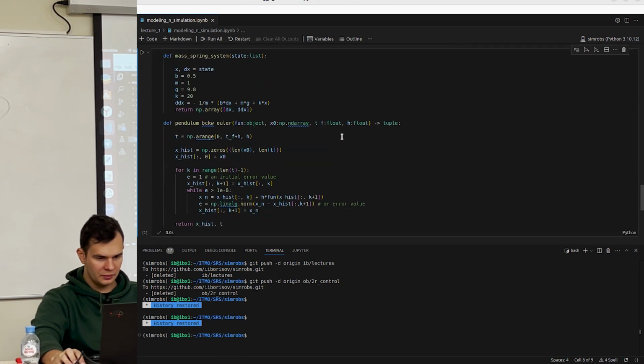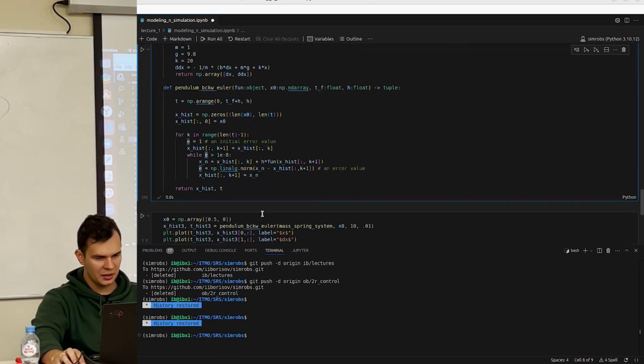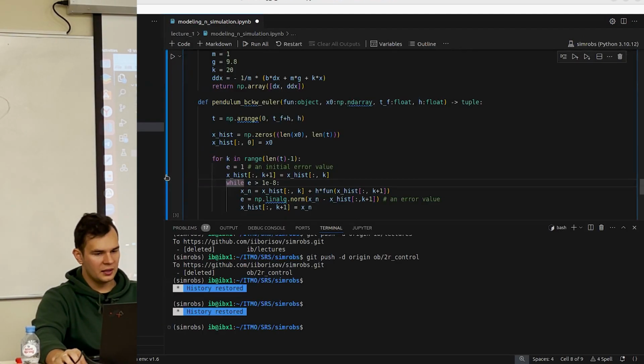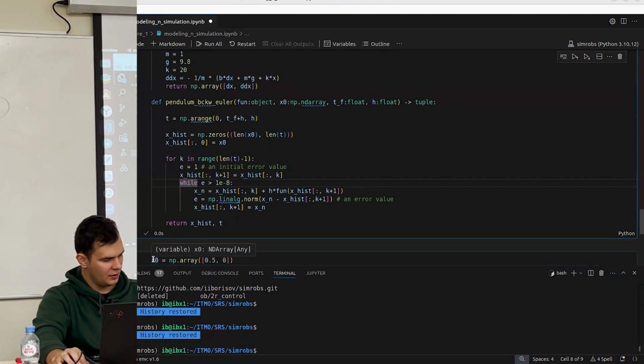Here I'm not using Newton's method, but it's still backward Euler. You can see that it does iterations until convergence. Epsilon here is a tolerance, and so we do iteration. You can see here a while loop. It makes iterations until we have a small error between what we just computed.